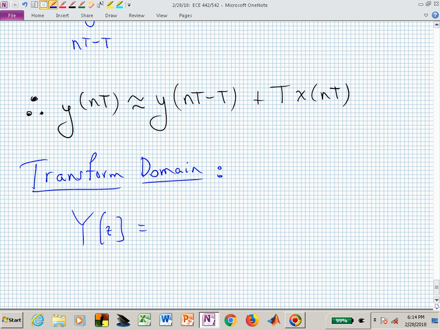So now we're trying to figure out what's going to happen with this backward rule. And that's what it looks like in the transform case.